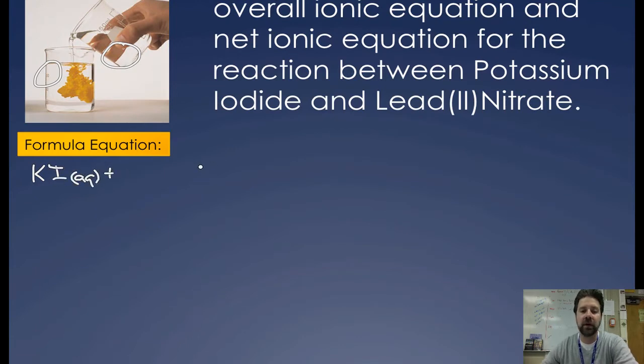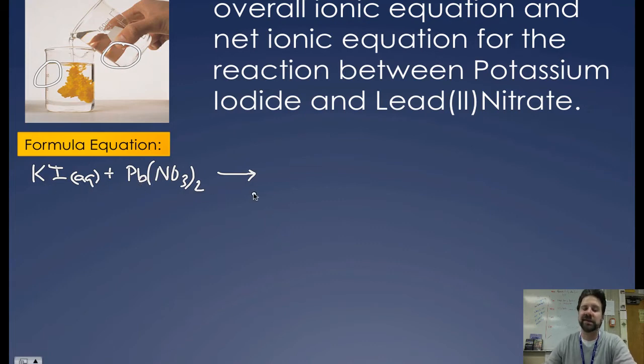We have lead(II) nitrate, and that Roman numeral II, remember, goes with a 2+ charge on this lead. So with nitrate having a 1- charge, it's going to require two of them in order to have a properly balanced compound.